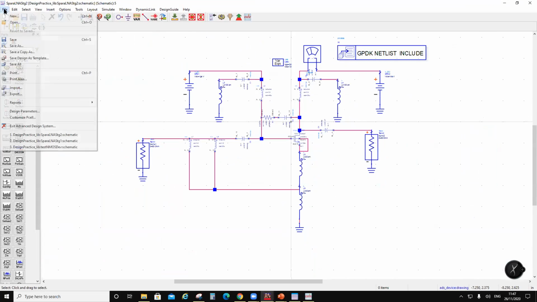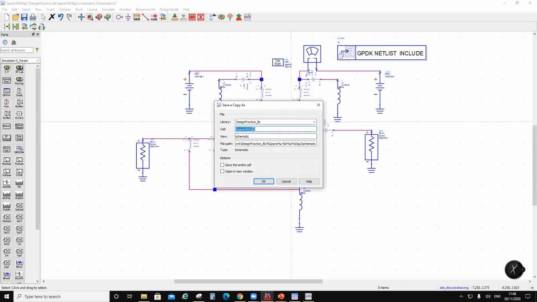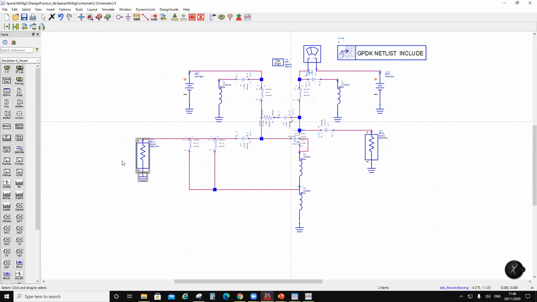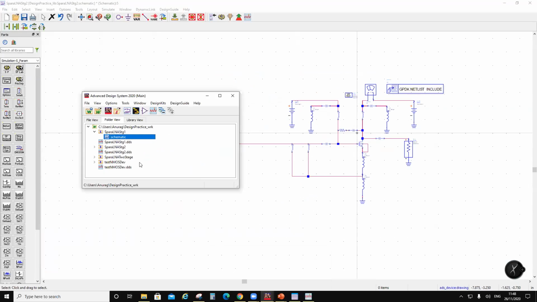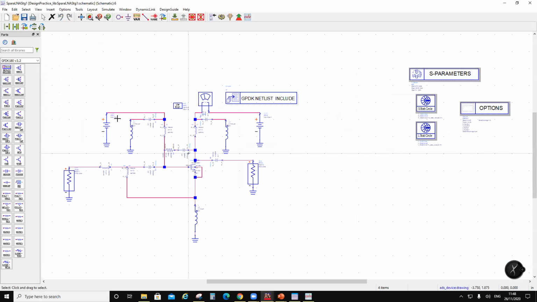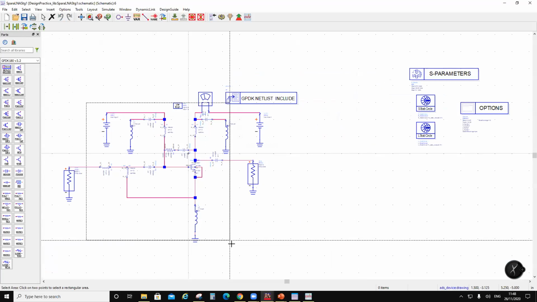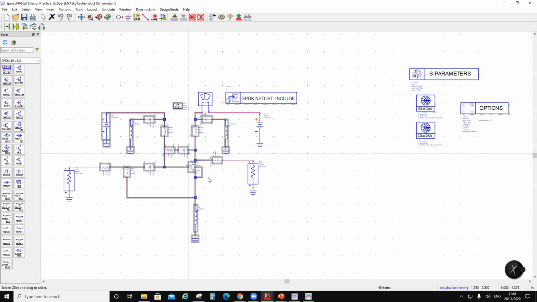Okay, so I will save this as, save copy as, I will call this LNA 2 stage. And I am going to copy that thing over here. I will go here to LNA first stage, and I'm going to copy this guy. Do I need this?